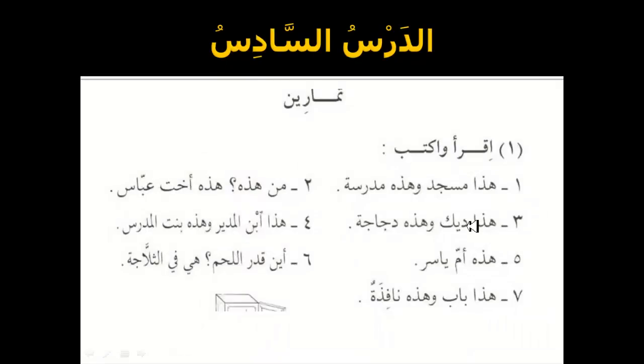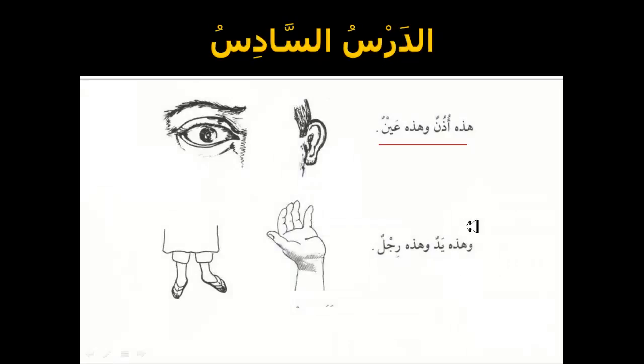All right. Let's look at the next. Oh, let's go back. Didn't mean to go that. وَهَذِهِ يَدٌ وَهَذِهِ رِجْلٌ. So this is another example of the yad or the hand. And the yad normally we talk about the hand, but it can also mean all the way up to the shoulder. All right. So here the hand, hadihi yadun wa hadihi rijlun.